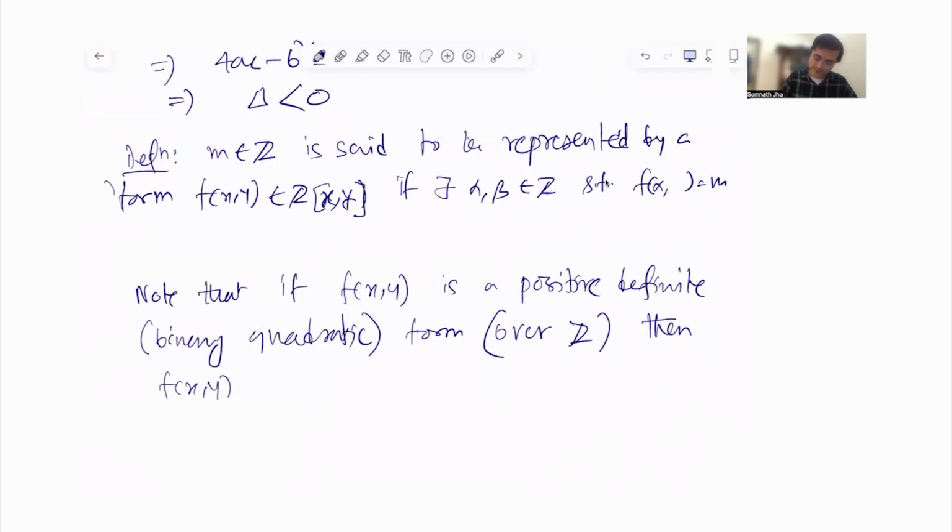If for some integers alpha and beta it takes that value m, then you say m is represented by the form, or f represents m.